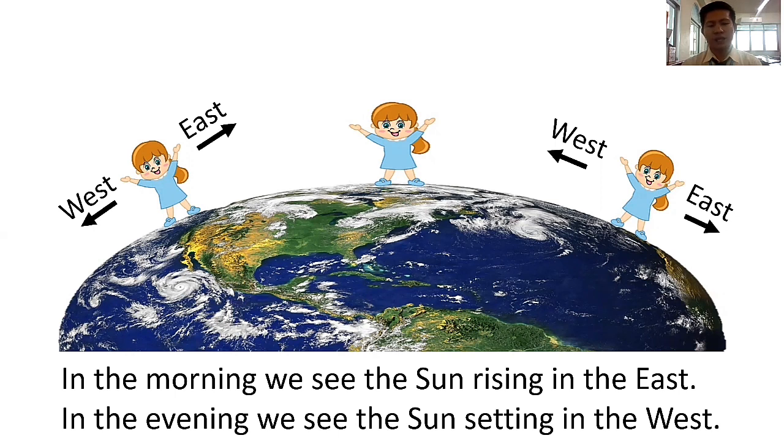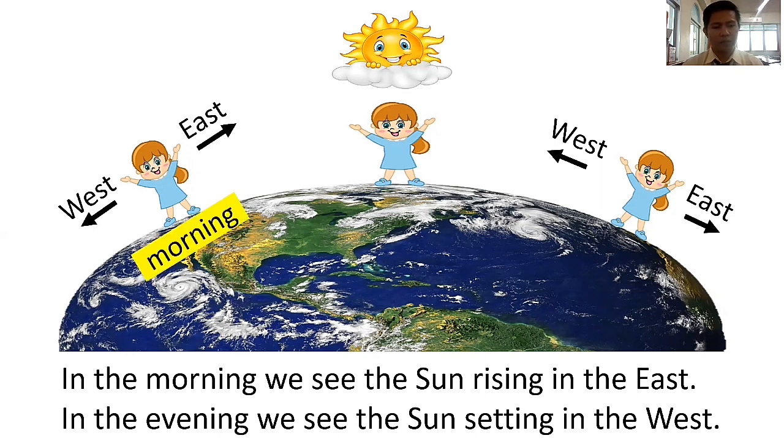Okay, and where's the sun? Yes, of course, the sun is in the center. Okay, now let's make mornings. Say, for example, this part is morning, and this part is noon, and this part is evening.